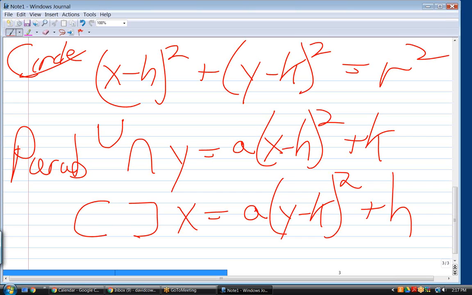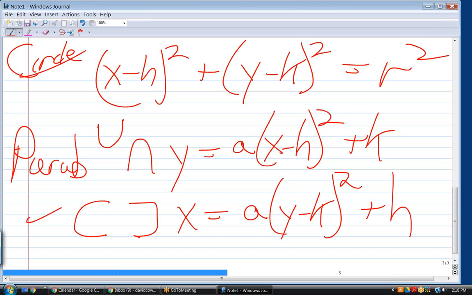Notice one thing about a horizontal parabola is it is not a function. Nor is a circle. Does not pass the vertical line test. Well, a vertical parabola is a function, but a horizontal one is not. So they don't tend to teach you about the horizontal parabolas until you get into conic sections.